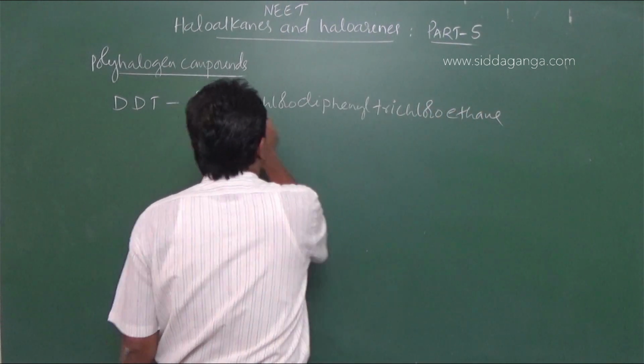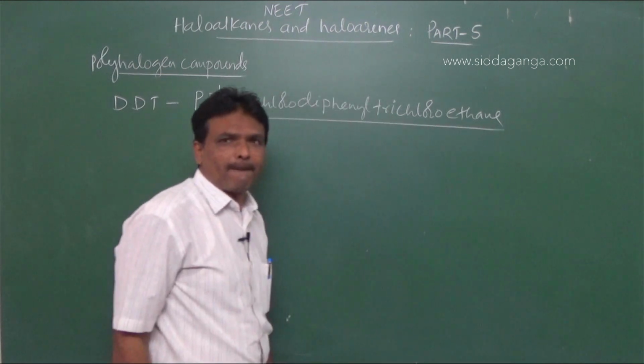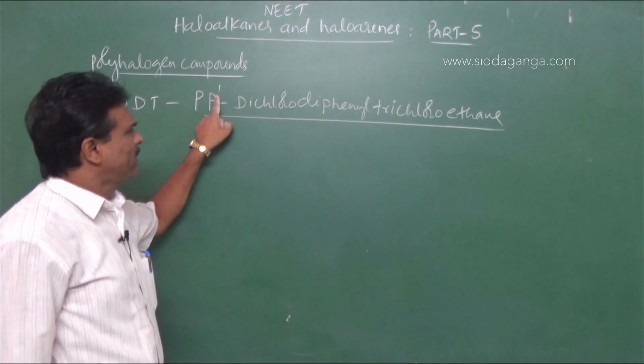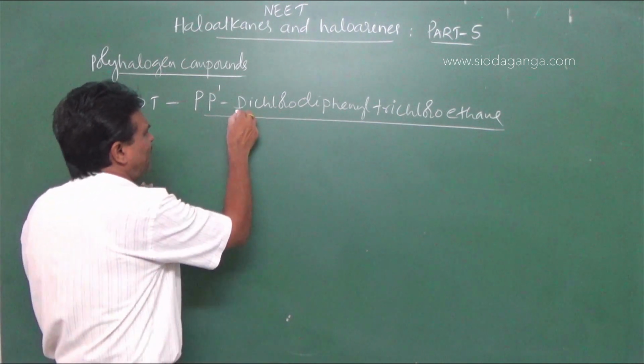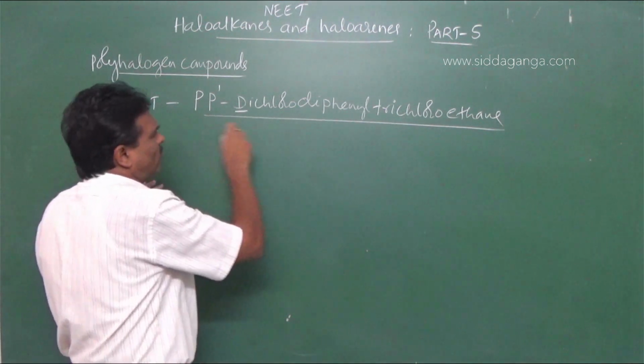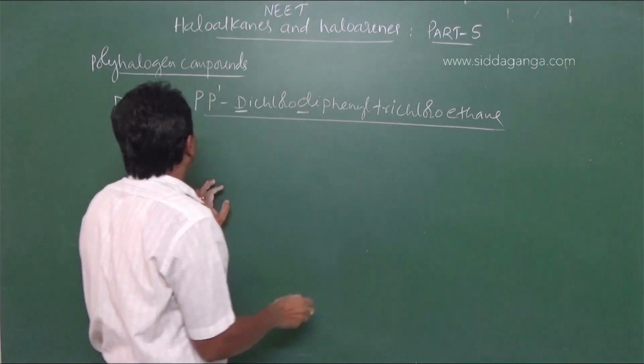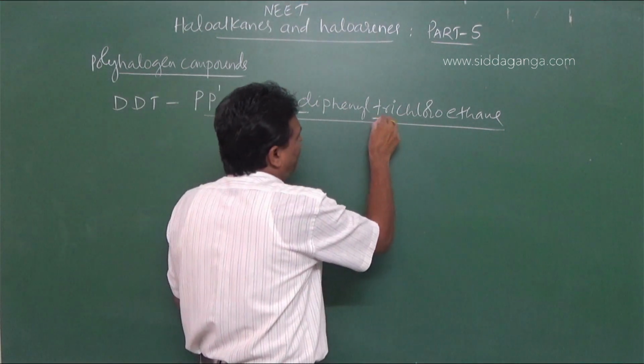So this is DDT. D stands for dichloro, another D stands for diphenyl, and T stands for trichloroethane.